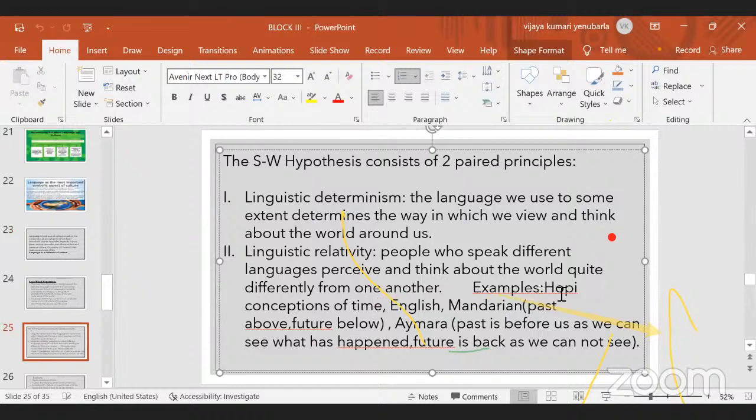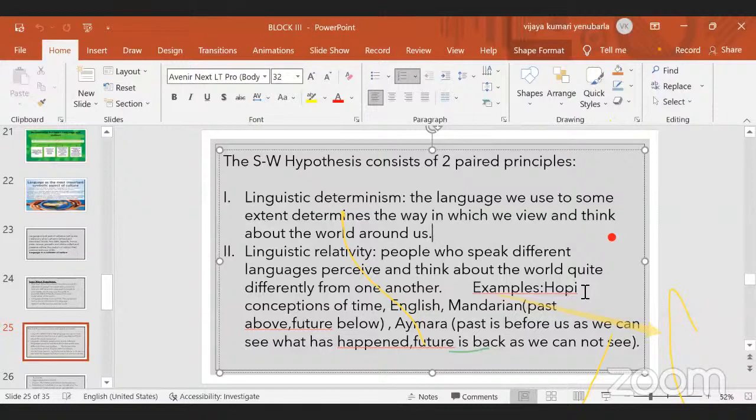So here, the examples are the Hopi conception of time, and English and Mandarin. Let me say a word about this Hopi conception. Hopi language speakers cannot talk about past and future. We can break time into past, present, and future, obviously.